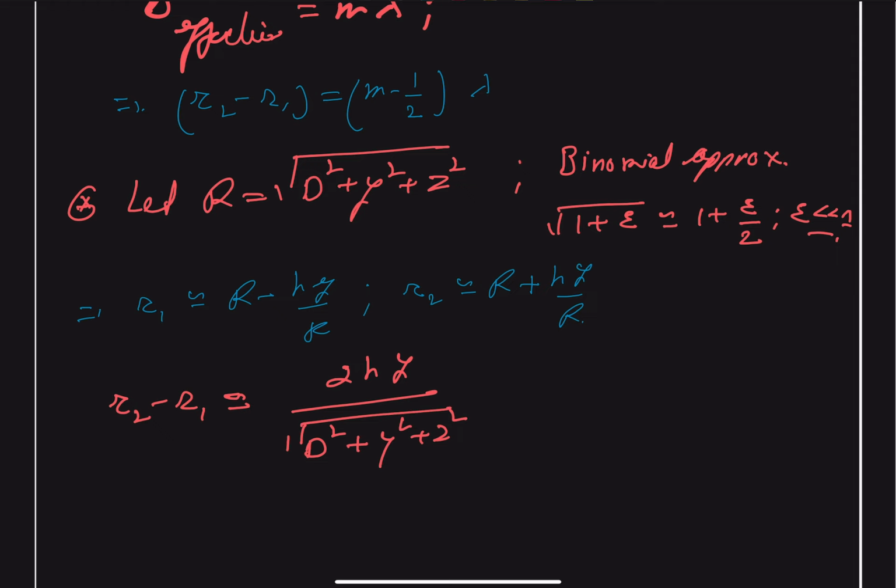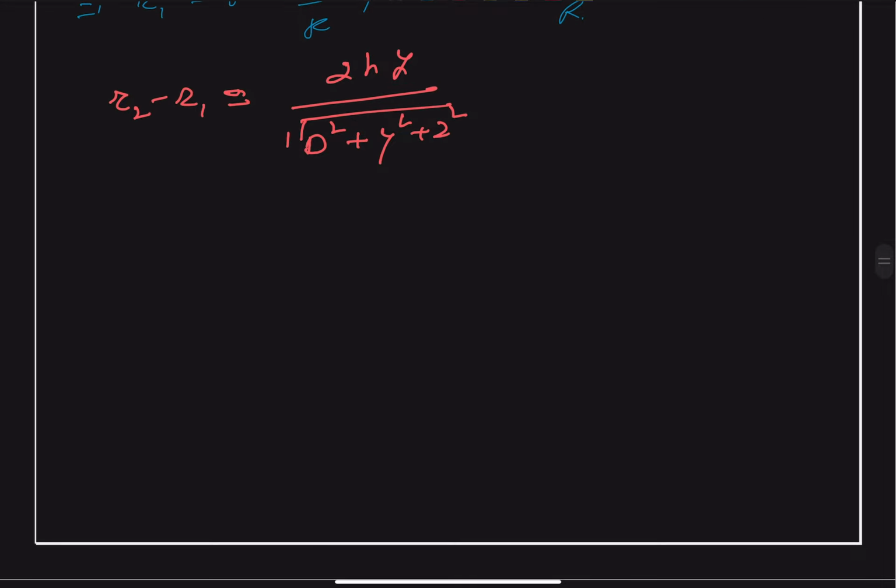Now we can just substitute it, and this will be giving us 2hy divided by square root of d square plus y square plus z square is equal to (m minus 1 by 2) multiplied by lambda.